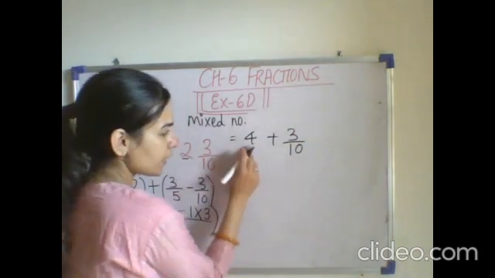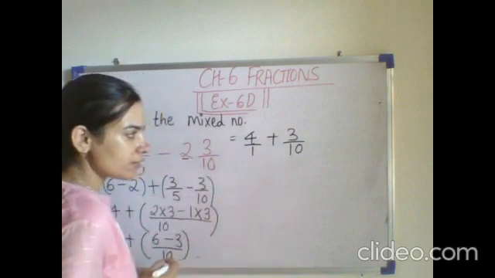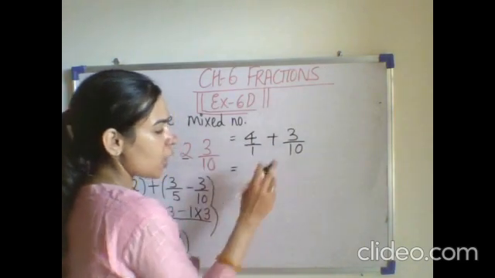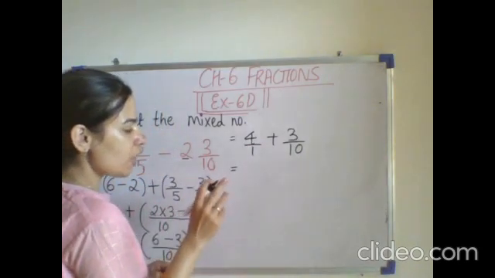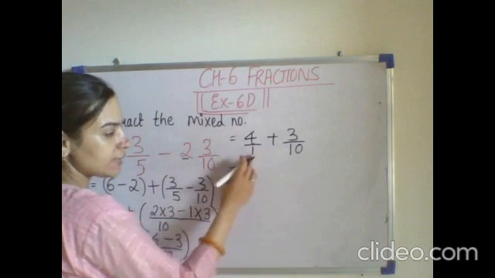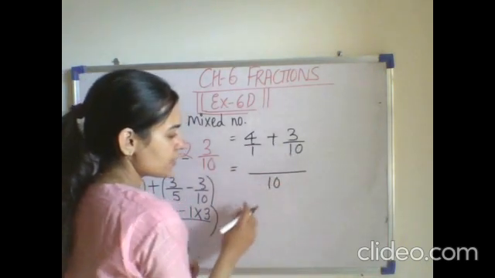So here in the denominator of 4 nothing is there, so we can consider it as 1. Now let us take the LCM of 1 and 10. Always we are taking the LCM of the denominators. So the LCM of 1 and 10, I will be writing here 10.